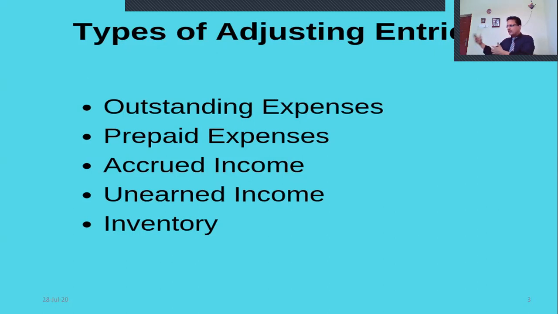There are many other items, such as pen and pencil. These you are not buying for just this month or this year. You are buying in lump sum and keeping them in stock, and from that you are using. So you have to calculate the actual amount spent for supplies.